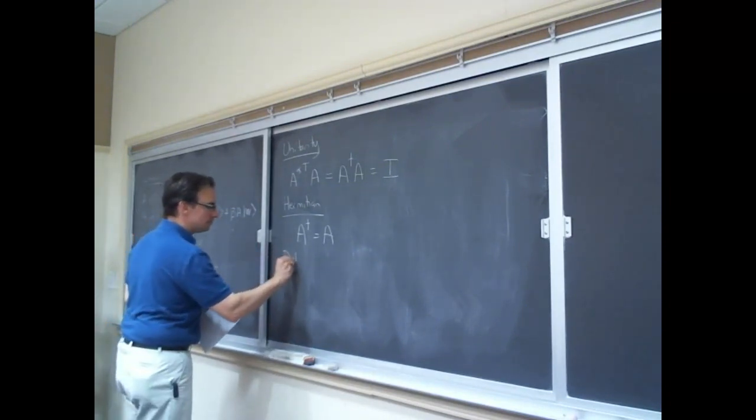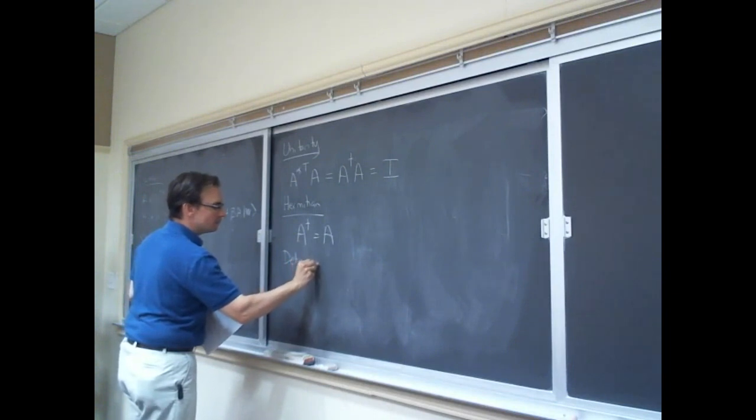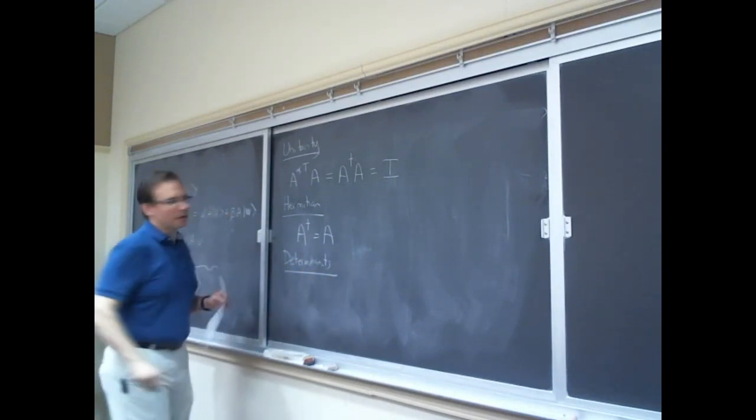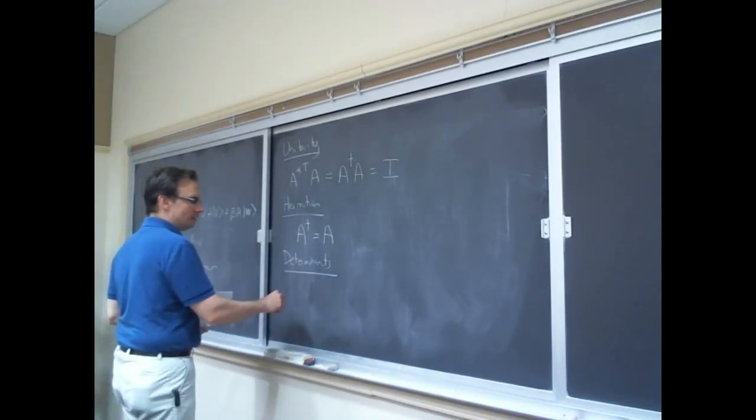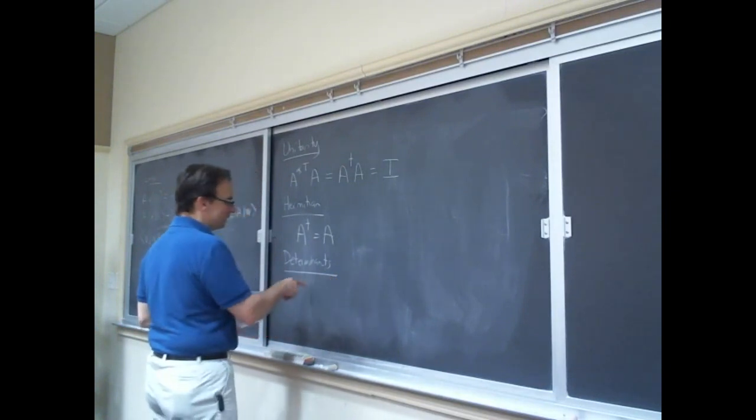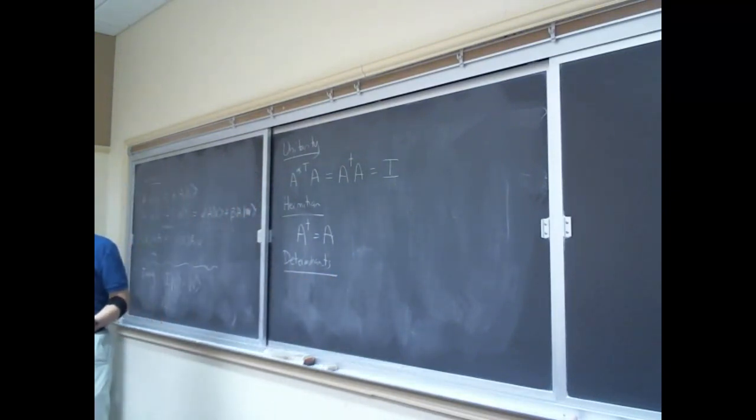Determinants. I'm going to let you go and look up the general form for calculating a determinant, but we can do the simple cases, okay? So the determinant is a number that represents the matrix.